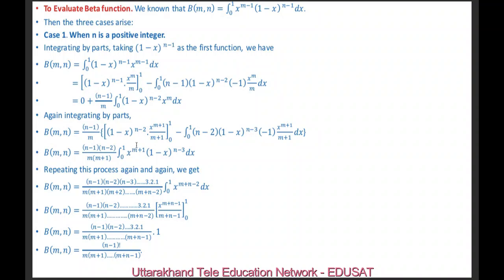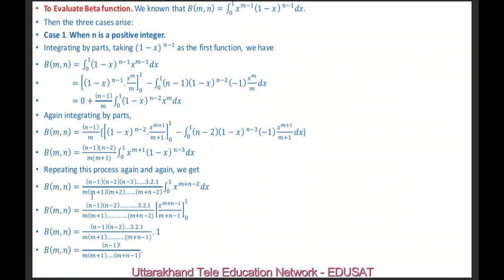And for this term, after n minus 1 integrations, we observe in the first term we have x raised to power m, in the second term we have x raised to power m plus 1, and in the (n minus 1)th, m plus n minus 2. So 1 more than n minus 1: m plus n minus 2.